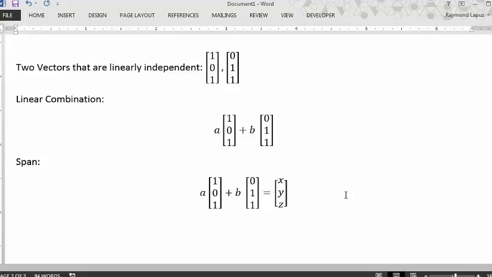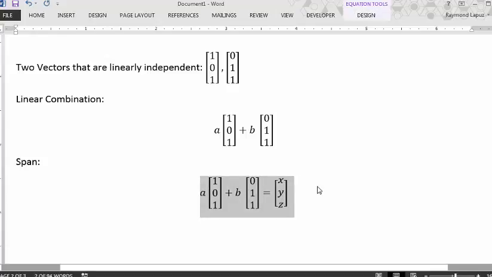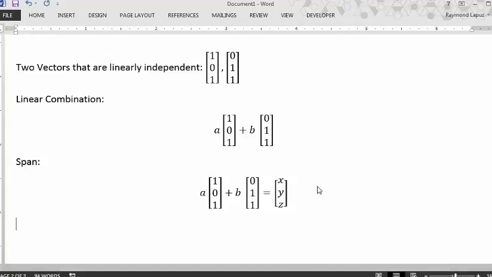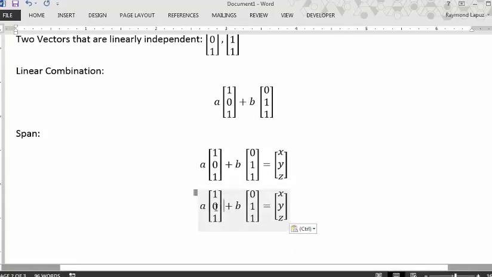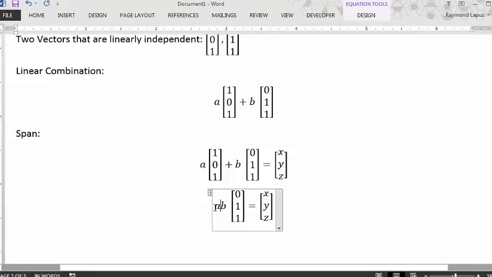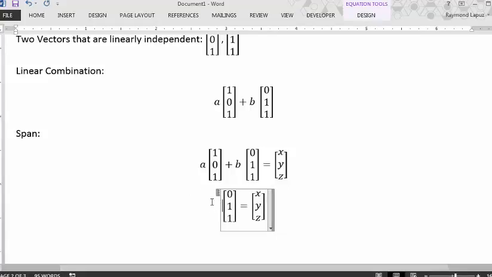Well, let's see. We can go ahead and write this out. And let me just do some modifications here. So we add a times 1 plus 0 times b.